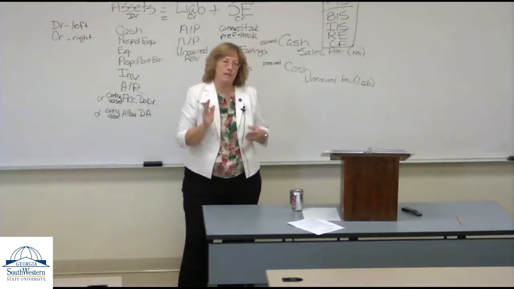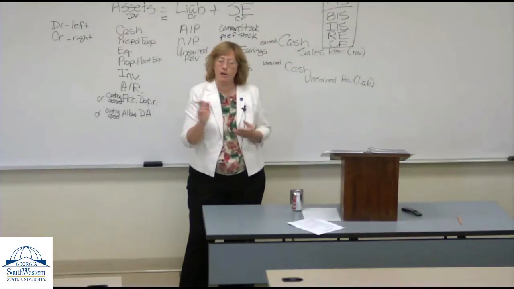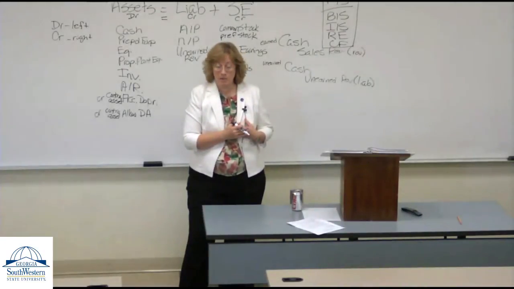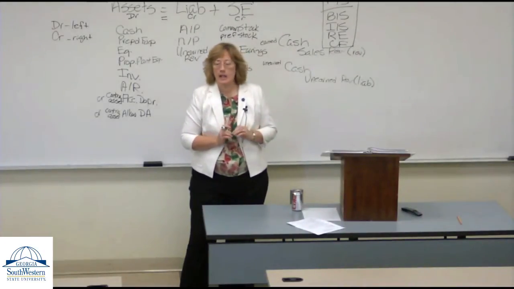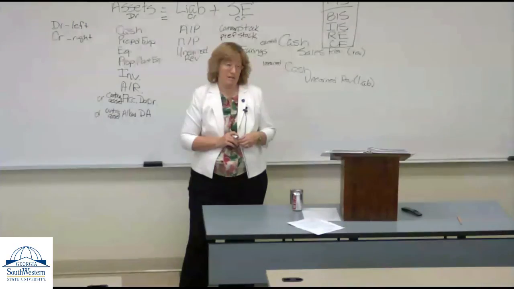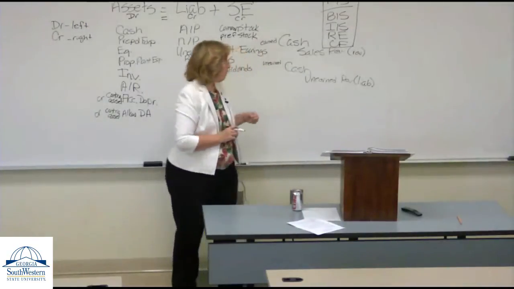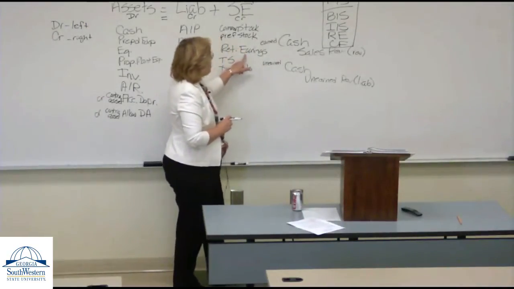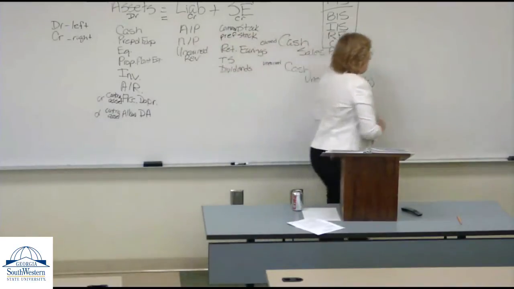All right, we've gone over the balance sheet. We are also going to go over the income statement. But before we get to that, I want to think about the statement of retained earnings, because we've just talked about retained earnings.